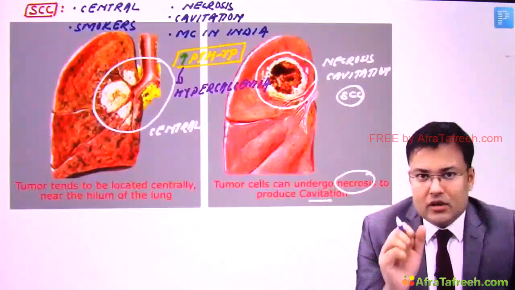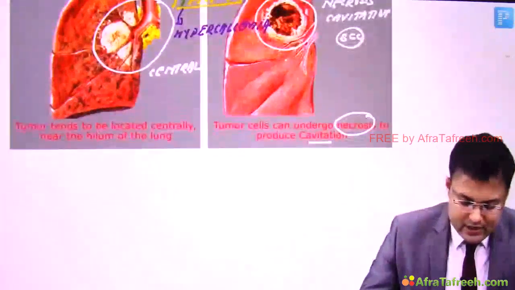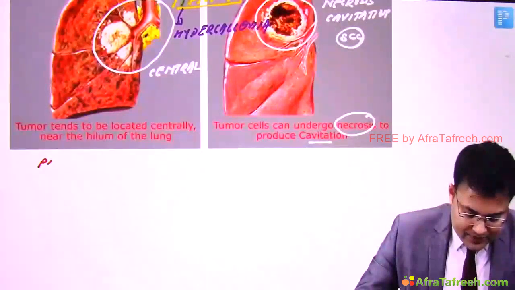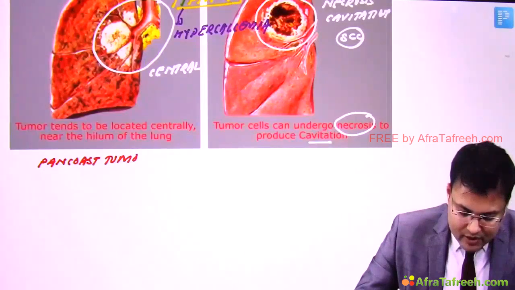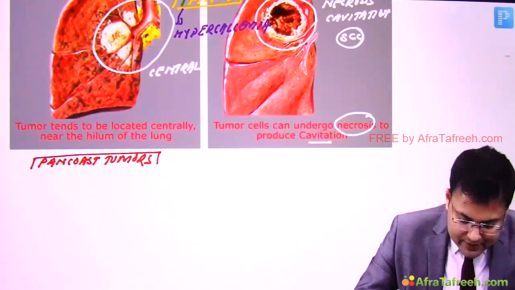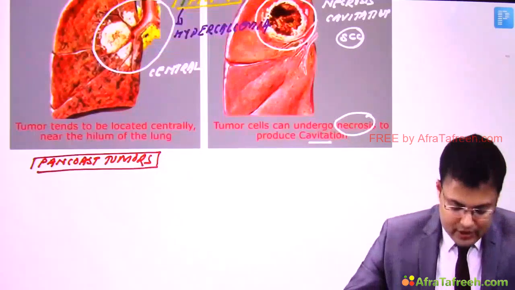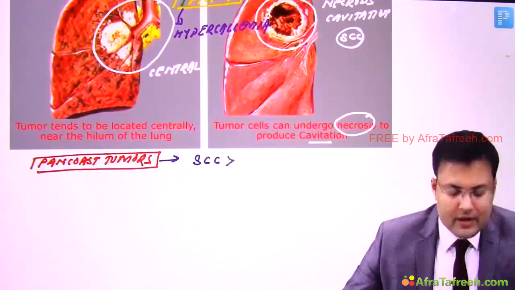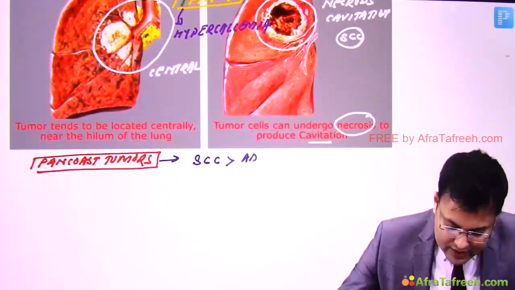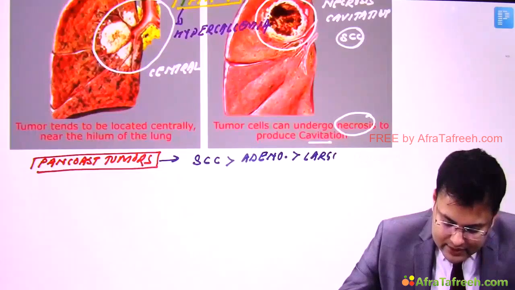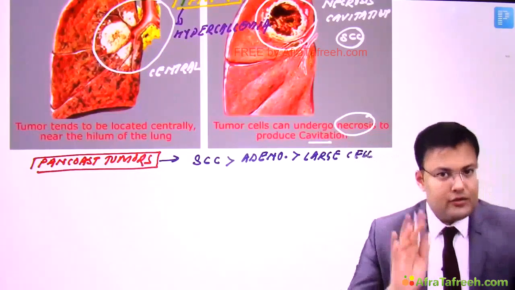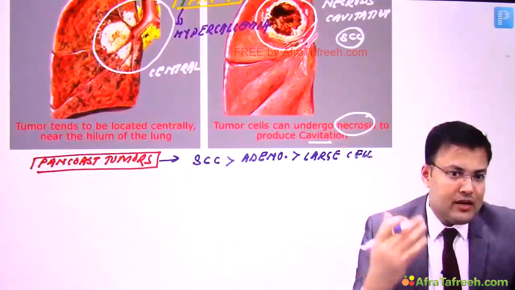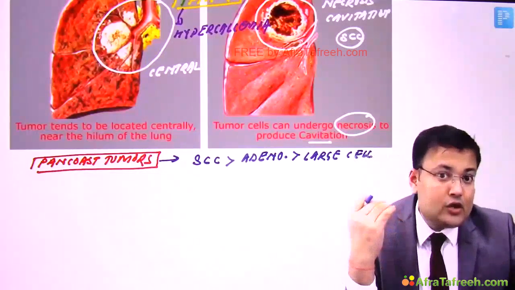If you see the histological type of Pancoast tumors, most commonly they are squamous cell carcinoma, the peripheral type, followed by adenocarcinoma, followed by large cell carcinoma.